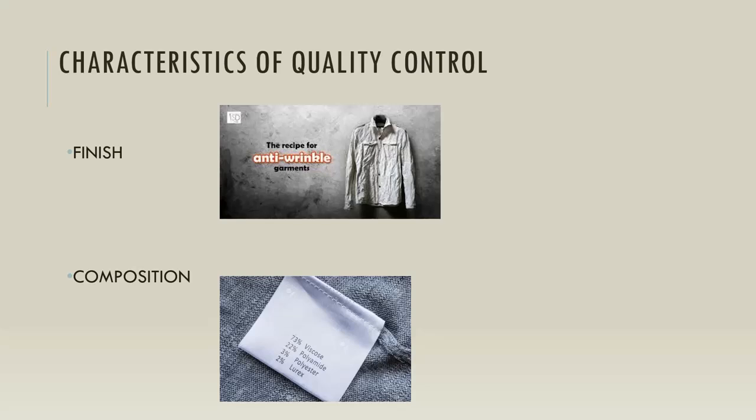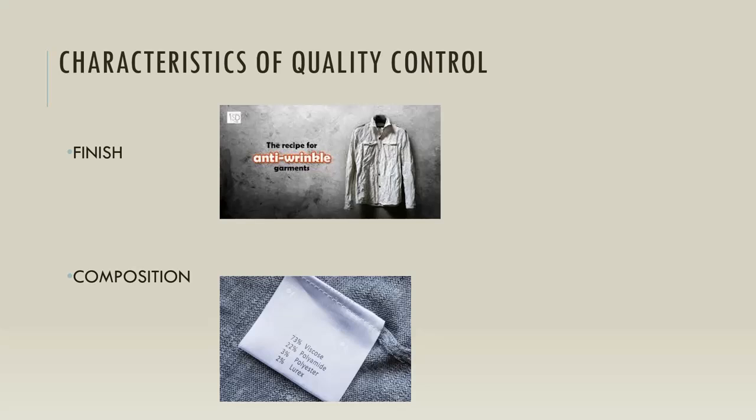Then there are flammability, anti-flammability requirements also. For certain garments, protective garments, some finishes are given. There are also garments where finishes like fragrance are given. Aroma finishes we also call them. That comes under quality control, evaluation of the finish.